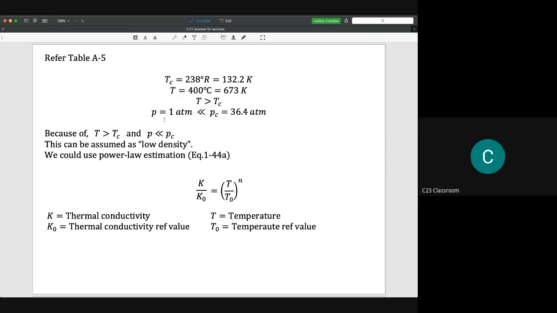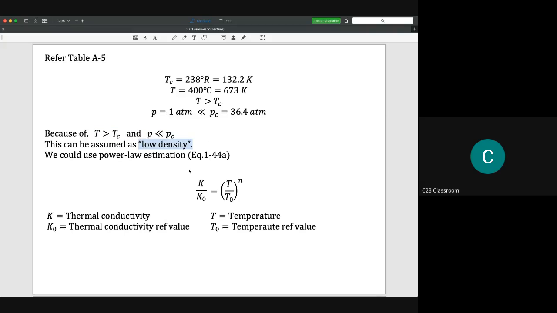The P atm is equal to 1, and it is far lower compared to the critical pressure, which is 36.4 atm. Because of this condition, according to the textbook, we could categorize this one as low density.